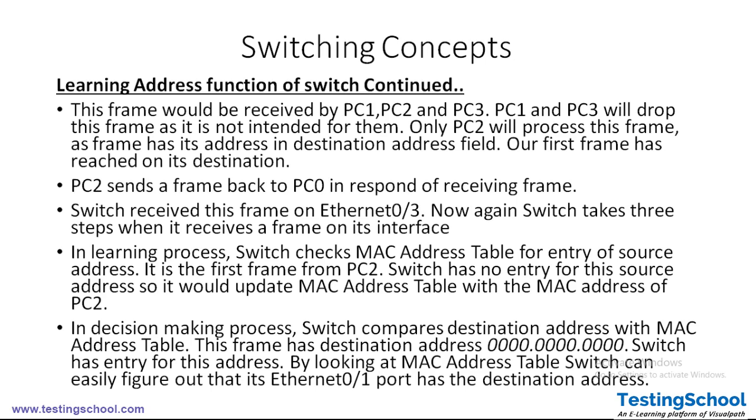So when all the other PCs see the destination MAC, they will discard the frame saying it is not for me. Only PC2 will process this frame because it has found its own destination MAC address in the frame.